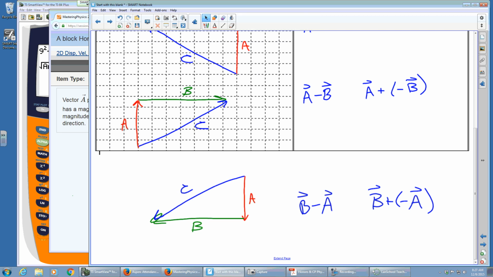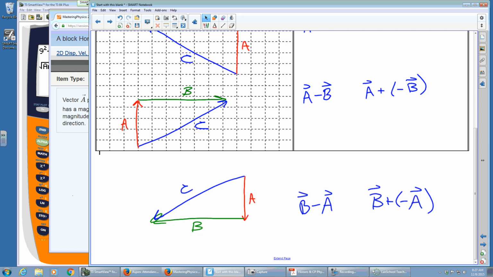So my directionality changes in each one of these, but my magnitude doesn't. Yes, no? Should be, yep. Because you have similar triangles. You've just, almost in a sense, rotated the triangle around or flipped it around. Yeah.